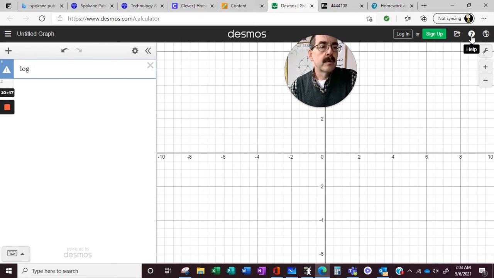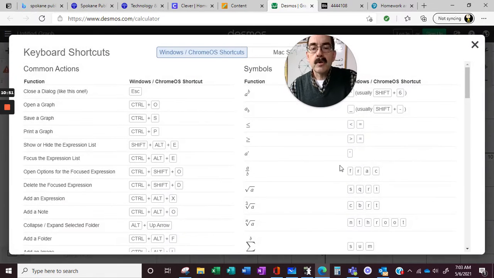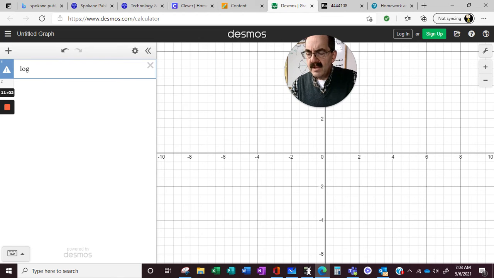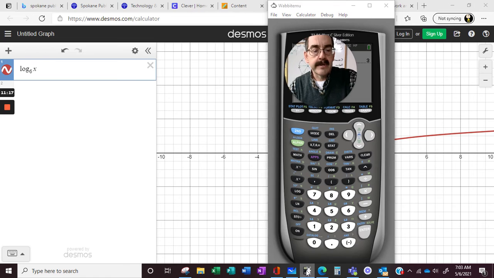So we had to go to help, keyboard shortcut, shift negative to get subscript. So shift negative subscript, and we'll just use the one we just had, 6, big arrow, we'll put the x here. Remember you have a graphing calculator if you don't have the online TI.